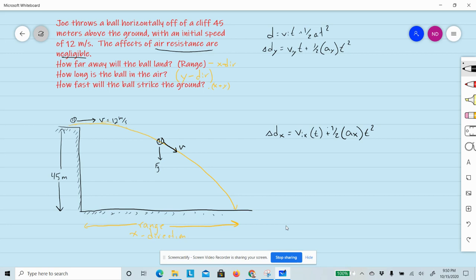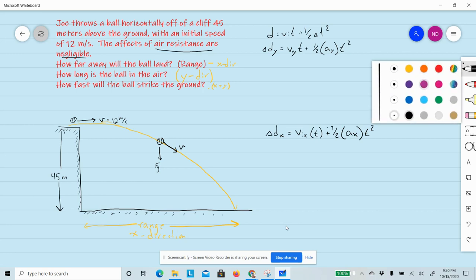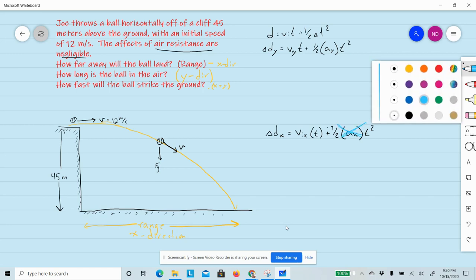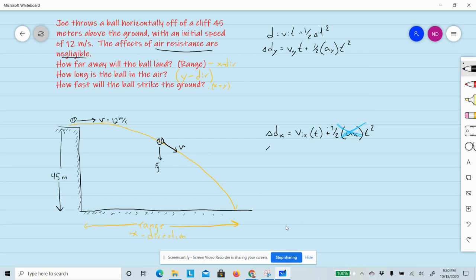So there is no x direction acceleration. So that all goes to 0. That's really, really useful. So in the x direction, it's just initial velocity multiplied by time.